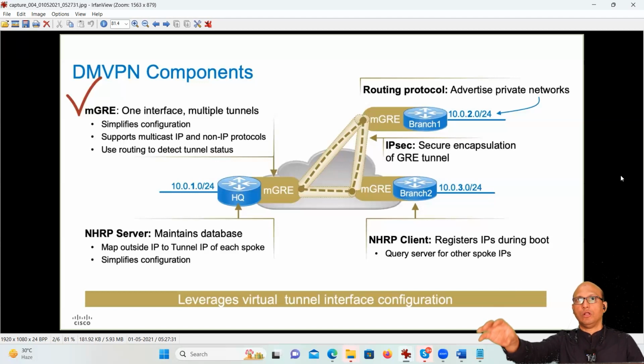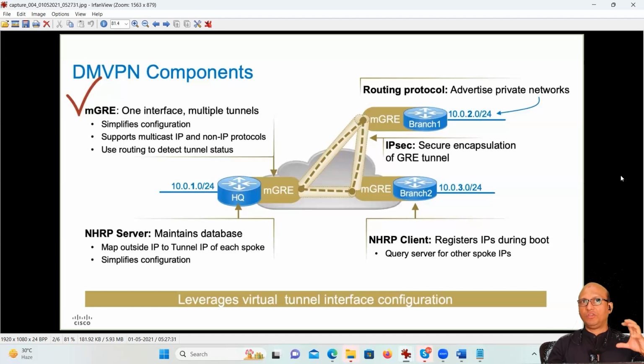Suppose you have 200 locations, or 200 sites, or 200 branches, and say one headquarters. All these 200 branches need the LAN networks from each and every spoke, and definitely from the headquarters also. The headquarters can get all those networks from the branch offices because it is the only hub there.